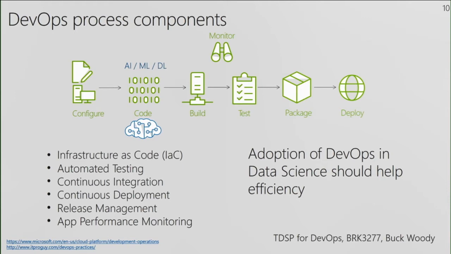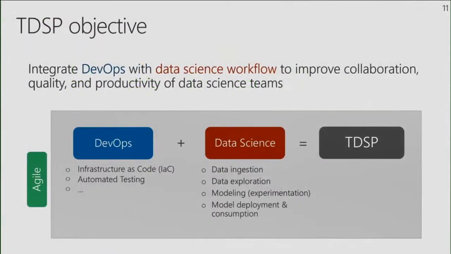And based on that, the objective of TDSP is the following. We want to integrate some components of DevOps with the data science workflows that many data scientists are familiar with, to create a process that will make data science work more collaborative, and will improve quality and productivity of the data science teams and the projects they are doing.